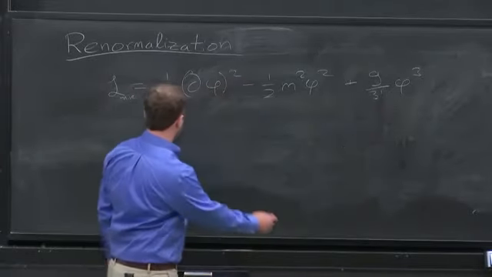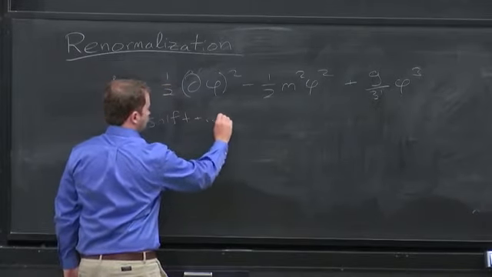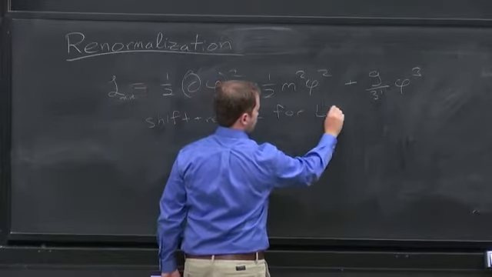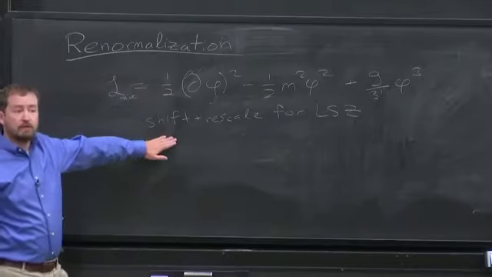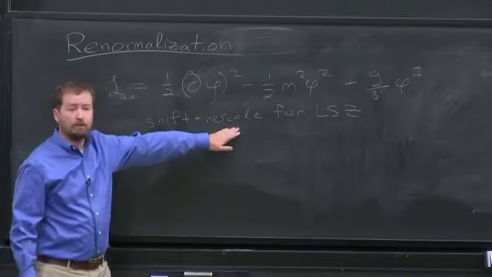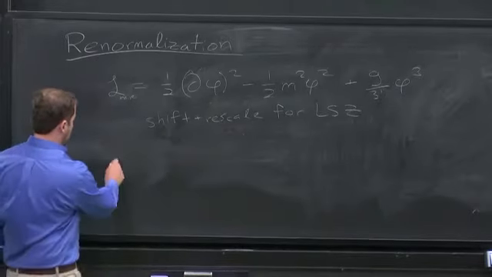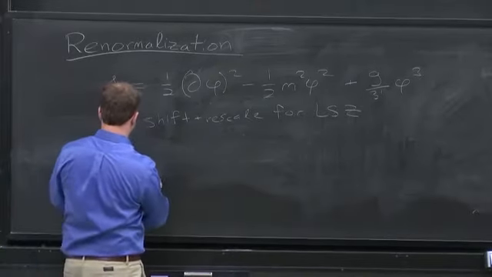In general, we need to shift and rescale. To use the LSZ reduction formula, we need to shift to set the vacuum expectation value to 0 and rescale to make the form factor e to the ikx. And so after we do that, the Lagrangian takes the form.